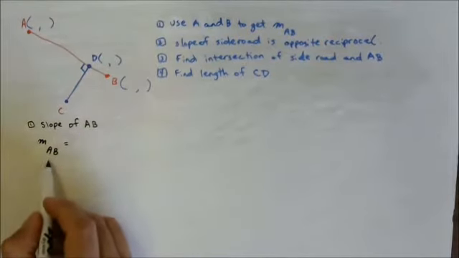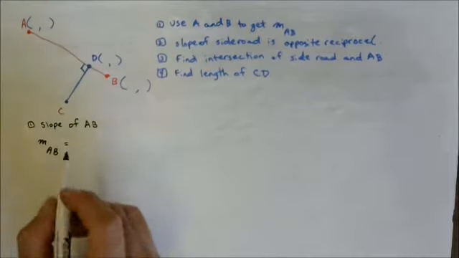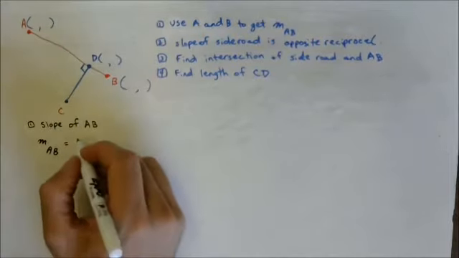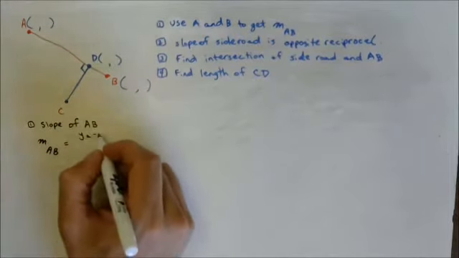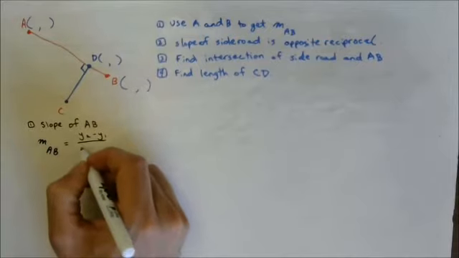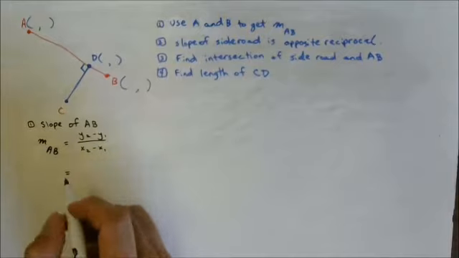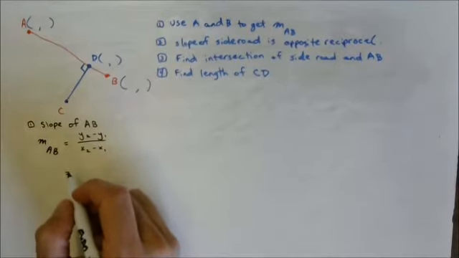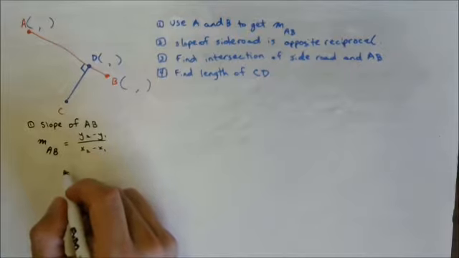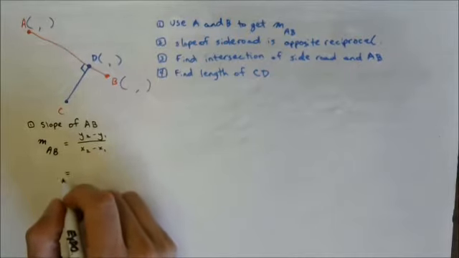Slope of AB. And then we're applying our slope formula, which for the sake of notes, I'm going to write every single time. We've got y2 minus y1 over x2 minus x1. I know these coordinates, okay? So it doesn't matter which point you use as point 1 and point 2, as long as you're consistent.